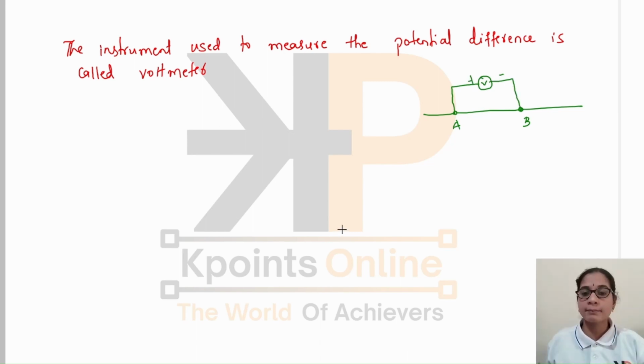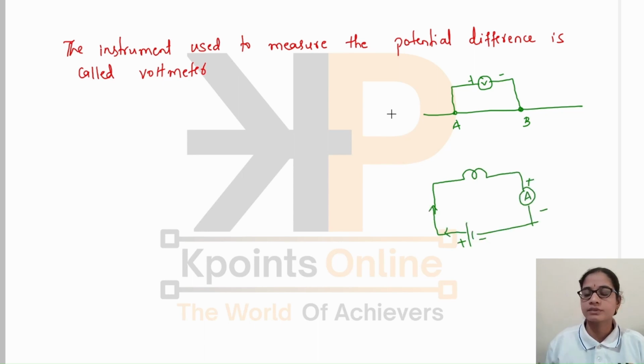And in case of ammeter, it is always connected in series in the circuit, because the same current will flow through this ammeter if it is connected in series. If you connect it in parallel, the current will get divided. So if we want to measure the current through the circuit, we will always connect it in series in the circuit.